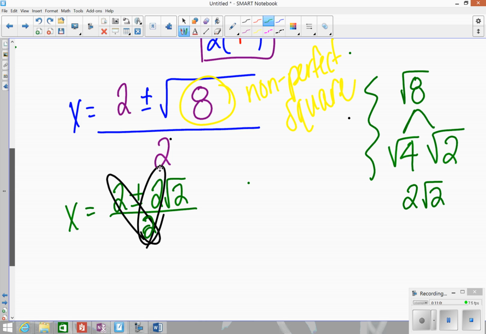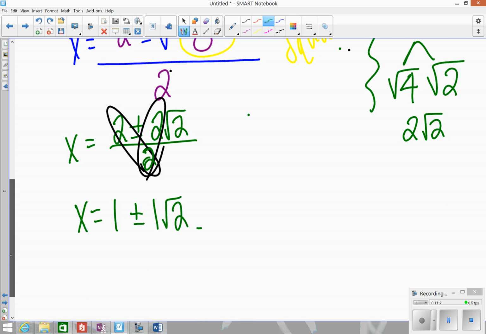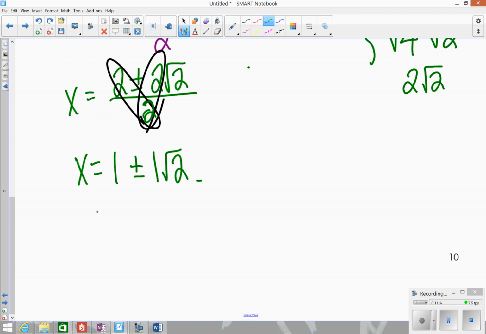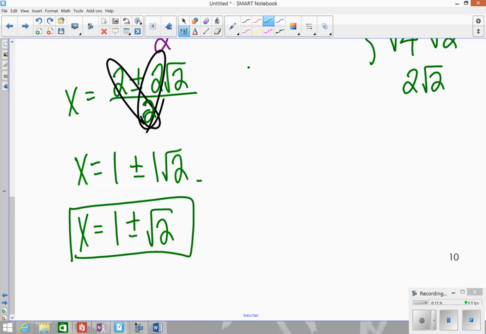So if you look, I can simplify, and when I simplify, I end up with x equals 2 divided by 2 is 1, plus or minus 2 divided by 2 is 1 radical 2. And then you don't really need that 1 in front, so it's just going to be x equals 1 plus or minus square root of 2. So again, I didn't break it up into the two cases because you can't actually combine those. We're just going to leave them like that.